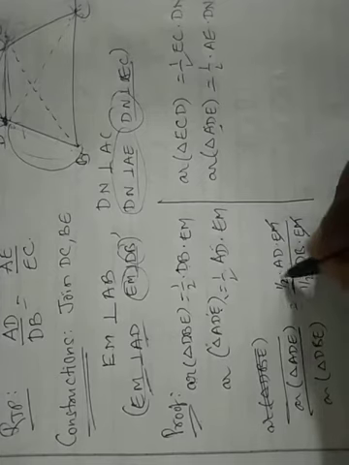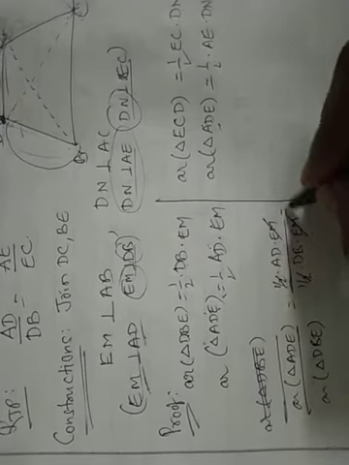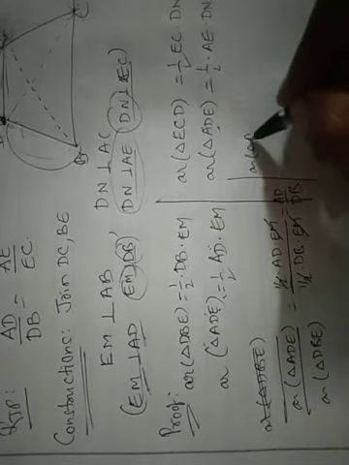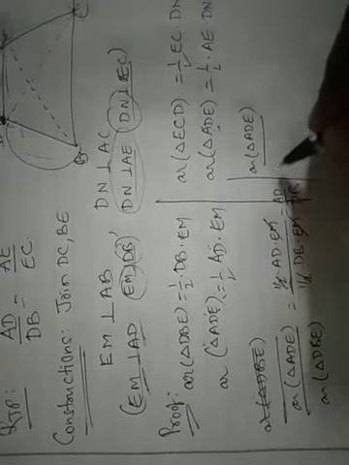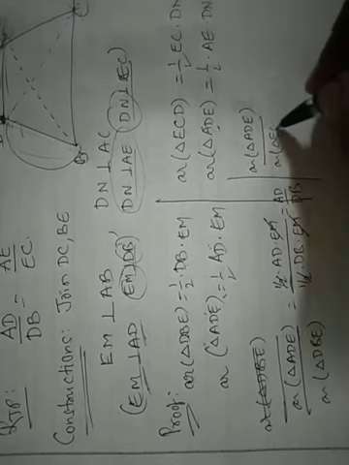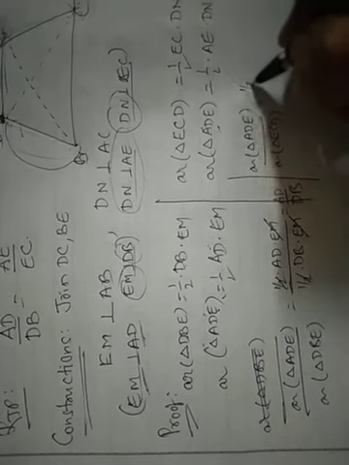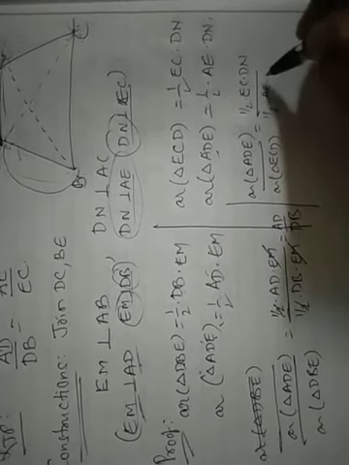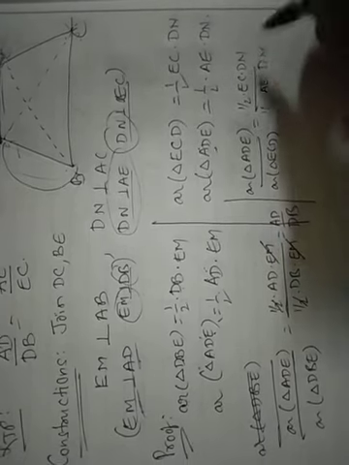So they both got cut and we got AD by DB. And similarly here if you take area of triangle ADE by area of triangle ECD, half into EC into DN by half into AE into DN. Now half DN cut.